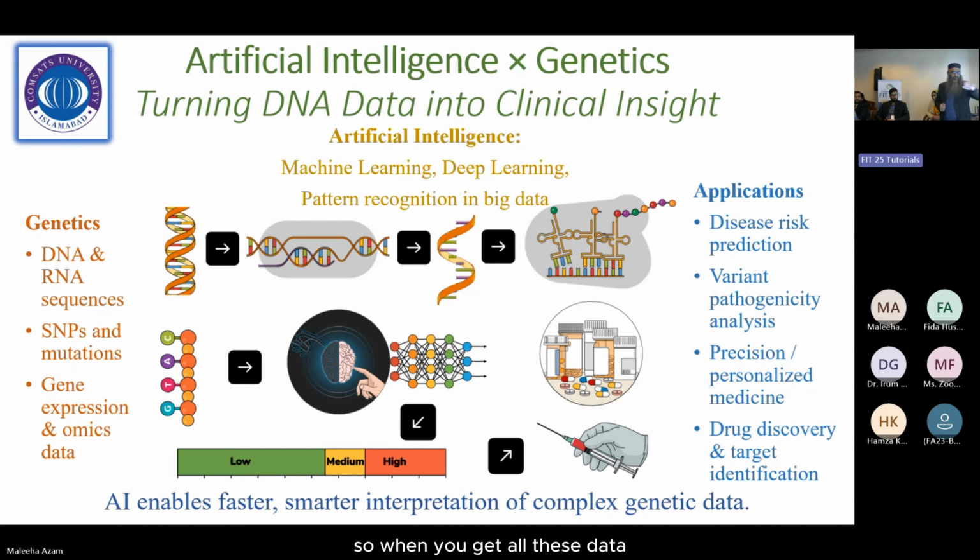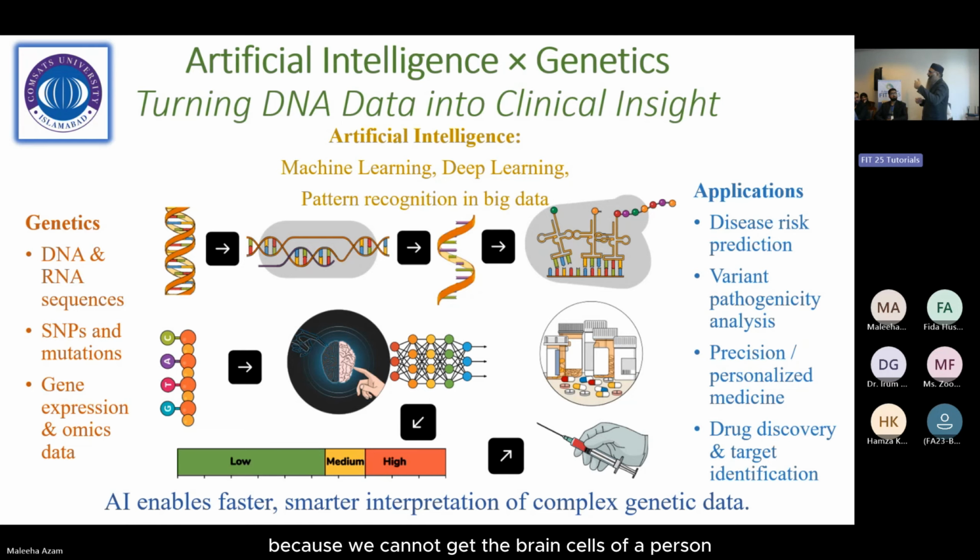When you get all these data, for example if you are working on the brain, like Alzheimer's disease, you need some cells that mimic brain cells. For this, scientists are designing different stem cells. Stem cells are those cells that can be reprogrammed to make different types of cells.